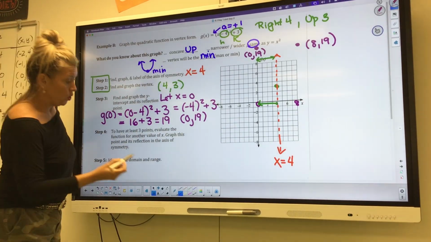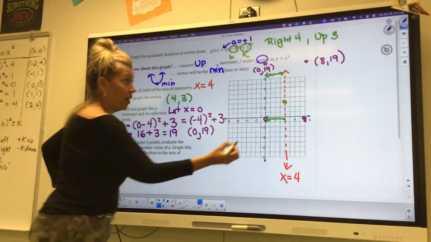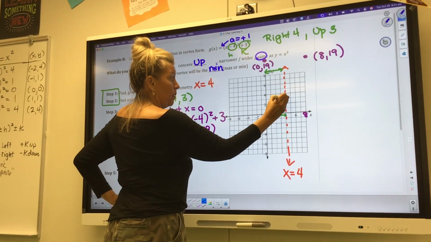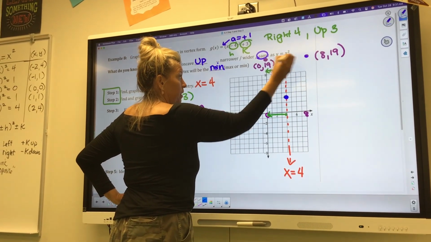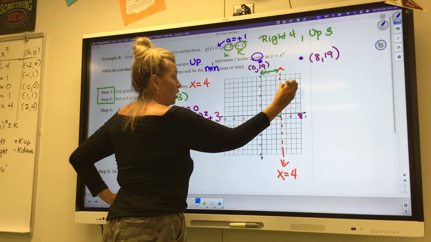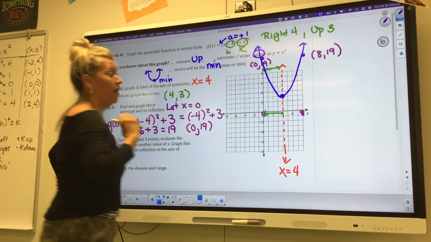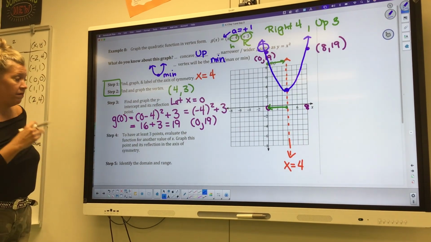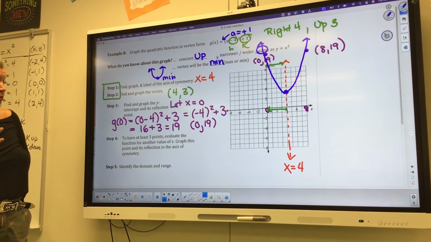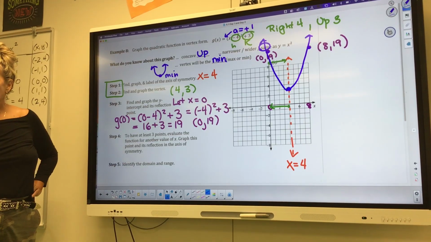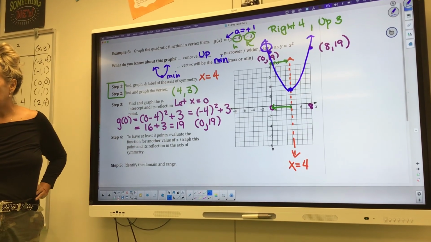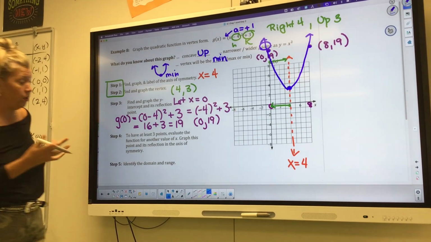So right now I'm just going to do a little sketch of what I have so far. I have the minimum, and then I have a point and a point. So the curve is going to look something like this. Okay. Now I want to find a couple additional points. How I find those additional points is kind of up to you what numbers you want to substitute in.